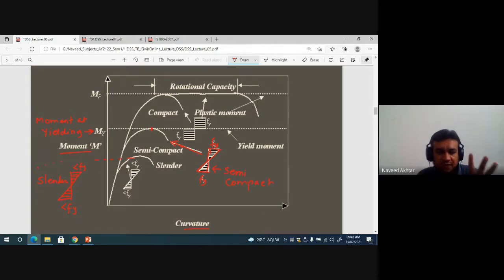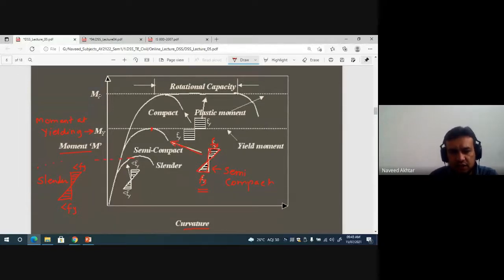So from this moment curvature relation, you can easily understand the sectional behavior and why this classification is done. At least if you design the member in the semi-compact limit, you will reach up to the yield stress, so you can get the strength of the member up to yielding.